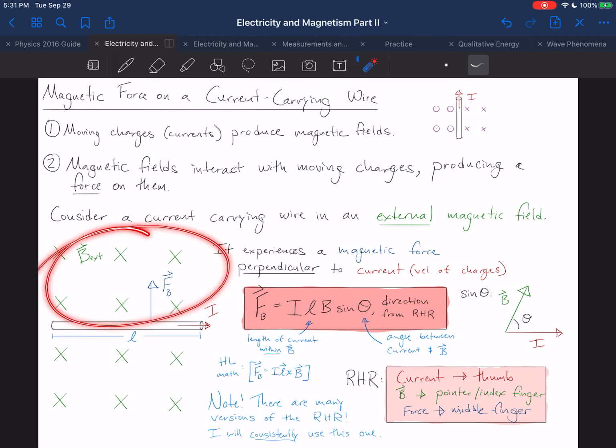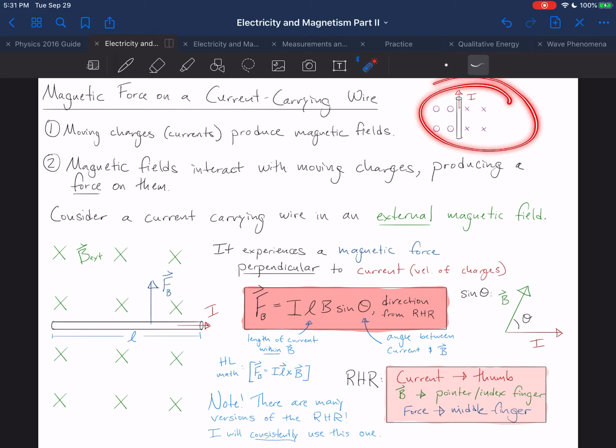The green B field is not the field that is being produced by this current carrying wire. That would look like this and would obey the right-hand rule we have already learned. Instead, this is an external field from, let's say, another wire or a horseshoe magnet or some other source of field. Forget where it comes from for now.